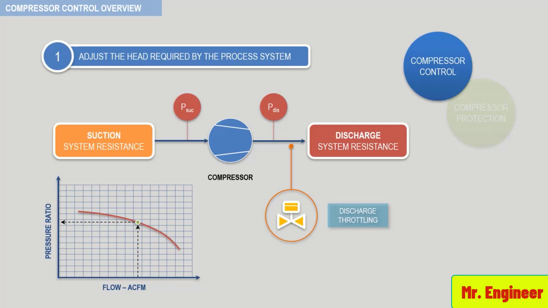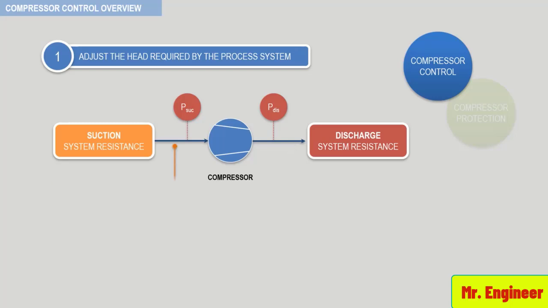If we position a throttling valve on the discharge of the compressor system, we will see that the desired flow throughput can be obtained by throttling the valve. Obviously, energy is lost during this exercise via the throttled pressure drop across the valve. Another alternative would be to position the throttling valve in the compressor suction process system.